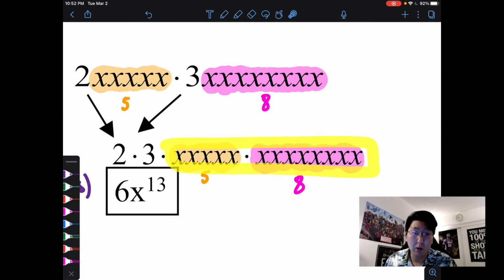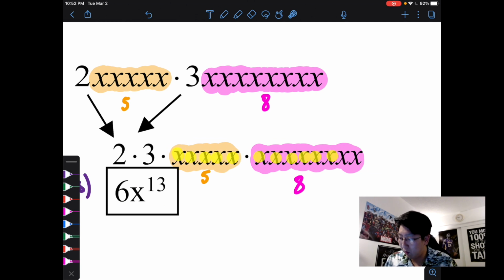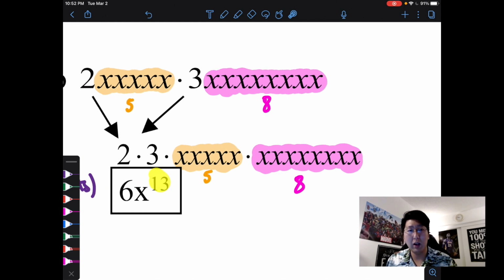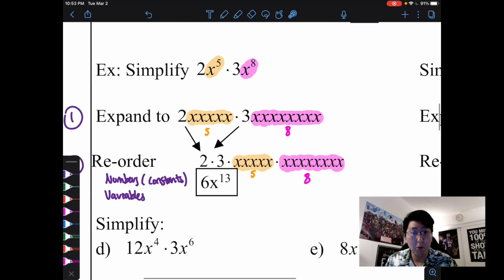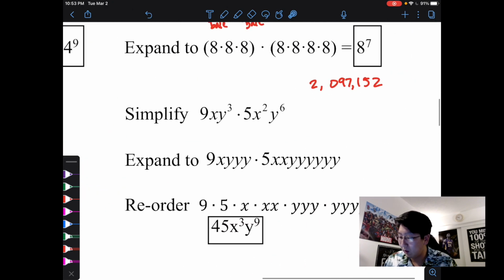I can't come up with a number, so I need to give you a simplified version. x to the 5th times x to the 8th gets me a total of x to the 13th: 1, 2, 3, 4, 5, 6, 7, 8, 9, 10, 11, 12, 13. So I can write down 6 times x to the 13th. This exponent tells me x is multiplied by itself 13 times. Repeated multiplication. That's how you simplify.